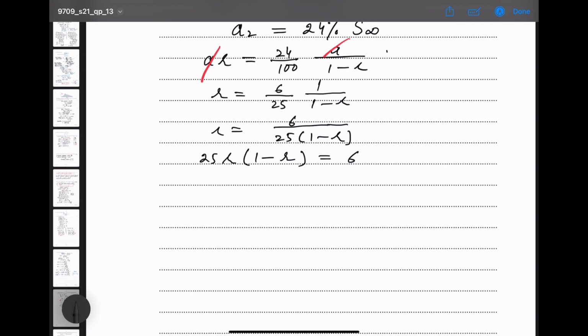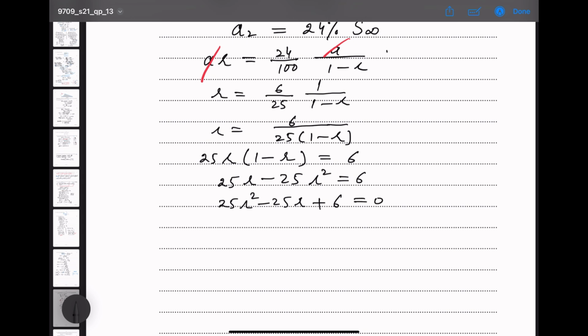To simplify it, 25 R minus 25 R square is equal to 6. Rearranging it in standard form, we get 25 R square minus 25 R plus 6 is equal to 0.